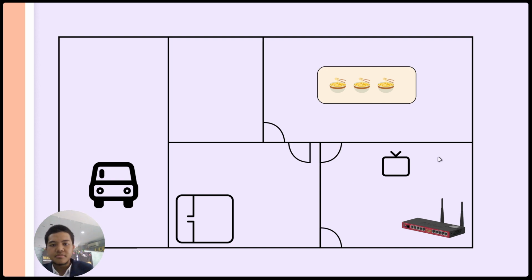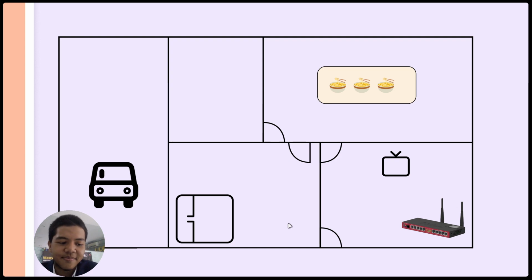As you know, the router has a maximum distance, and when you go further, you will get disconnected. But if you are in the living room, you are near the router and you will get a fast connection.